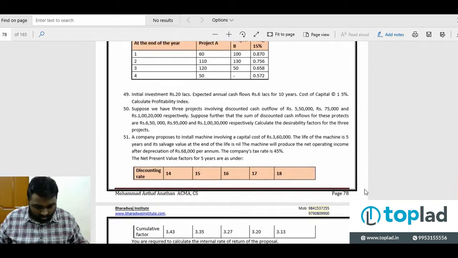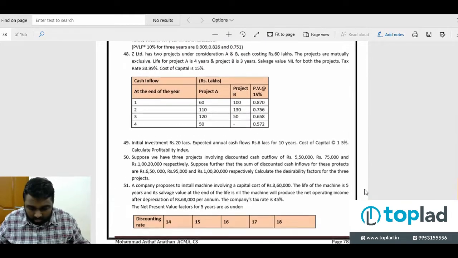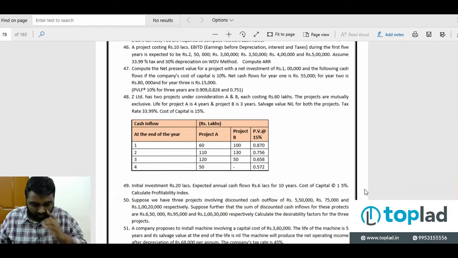Yes. So we will go with the problems. We'll start with question number 47. Compute the NPV for a project with a net investment of 1 lakh and the following cash flows, if the cost of capital is 10%.